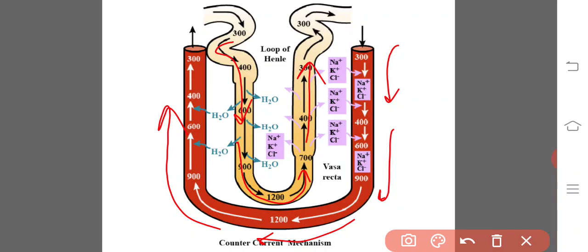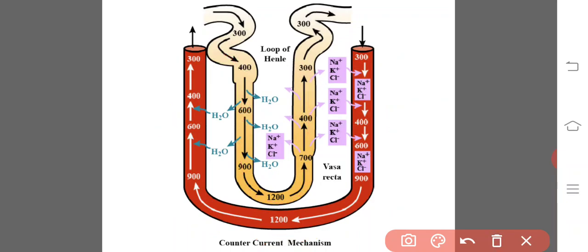The ultrafiltrate in the descending limb always flows from cortex to medulla, while the blood in the vasa recta flows from medulla to cortex.